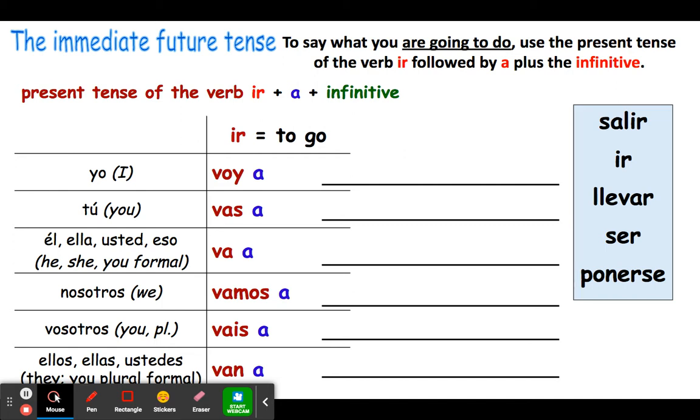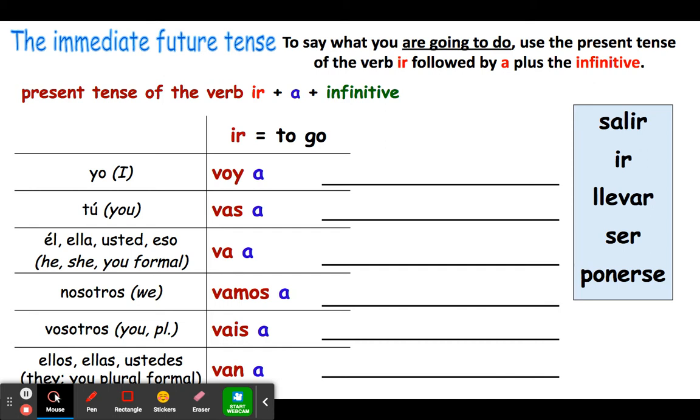But when you have it in this format, it shows that it's the immediate future. To say what you're going to do, use the present tense of the verb ir followed by a plus the infinitive. When you conjugate ir, it's voy, vas, va, vamos, van. So voy a plus infinitive forms the immediate future.